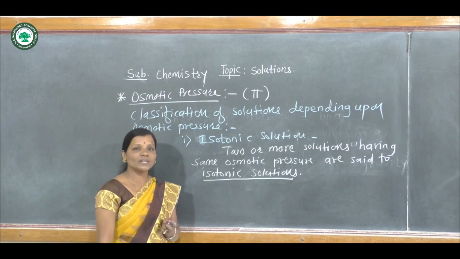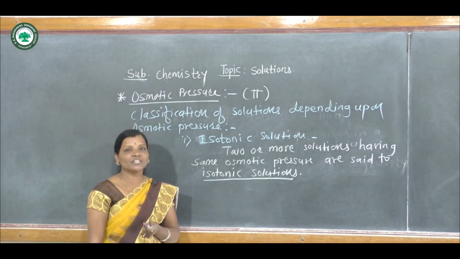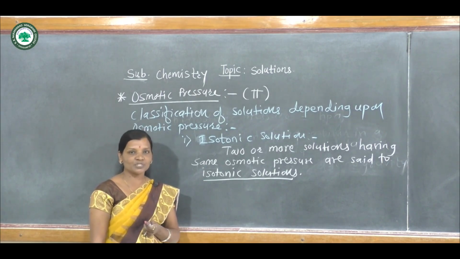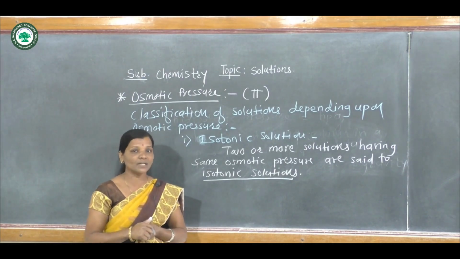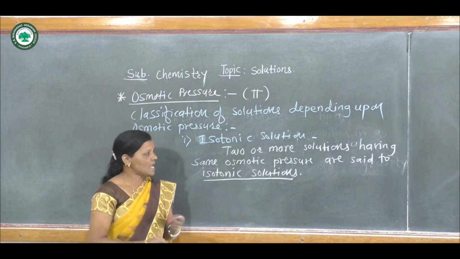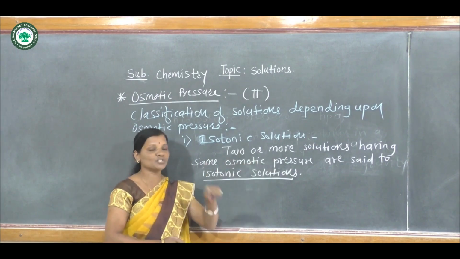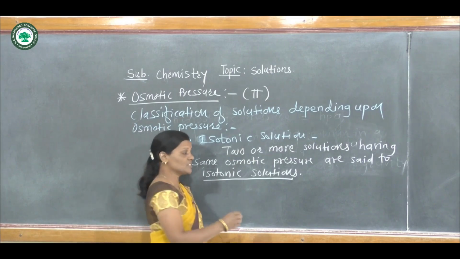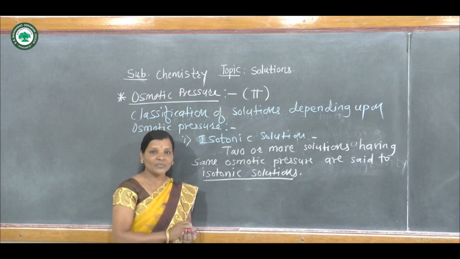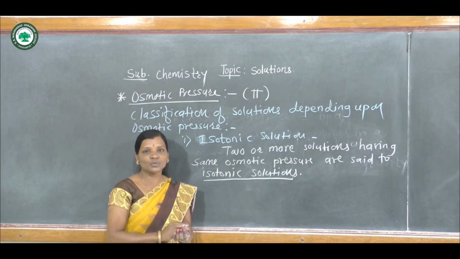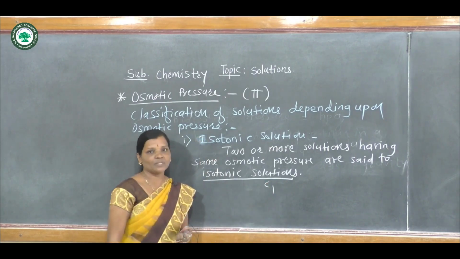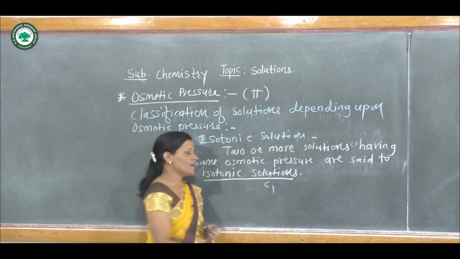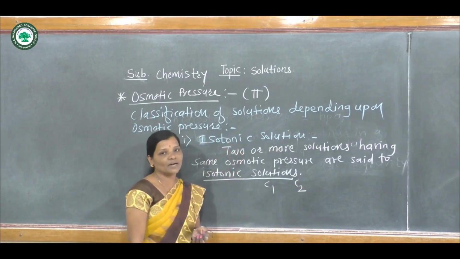Now we know that osmotic pressure depends upon the number of solute particles, that is, on the molar concentration of the solution, but it does not depend upon the concentration in terms of gram per liter. Now if we consider a binary solution in which two components are present, one is the solute and another is the solvent, suppose C1 is the concentration of one solution and C2 is the concentration of another solution.